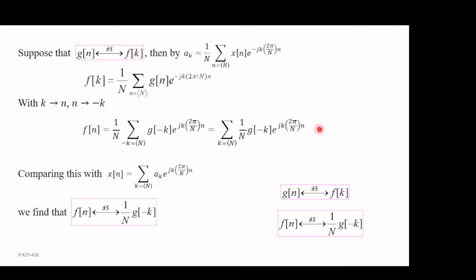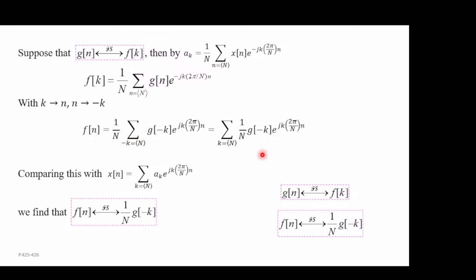So we just do a change of variable, then you see f[k] becomes f[n], and obviously the 1 over N is still here, and we sum over k in 1 period, and g[n] becomes g[-k], and this minus kn becomes plus kn because of the extra minus sign here. And then basically we are done.